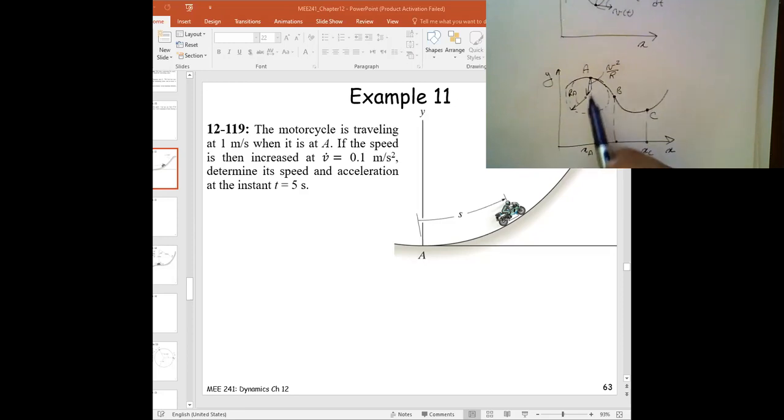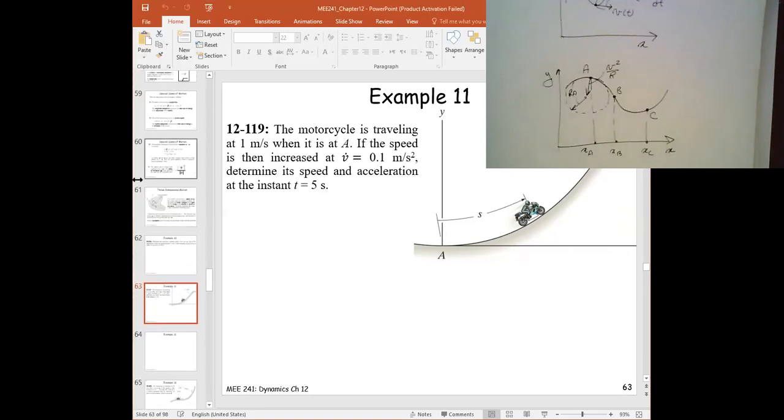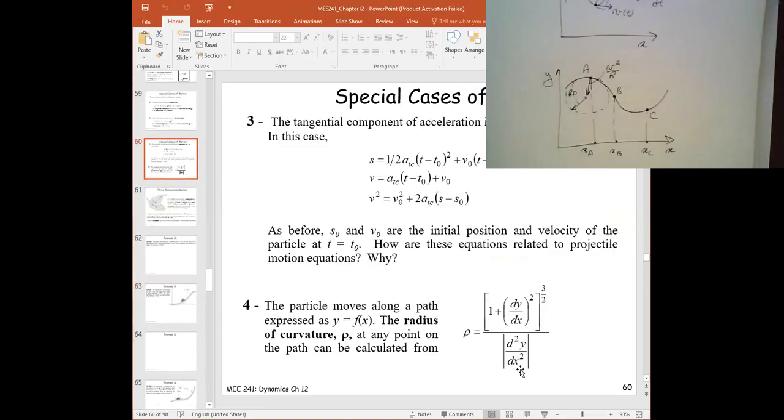And do you guys know the equation that we can use to find R in this case? What equation do we use? Isn't it the one that has the derivative?